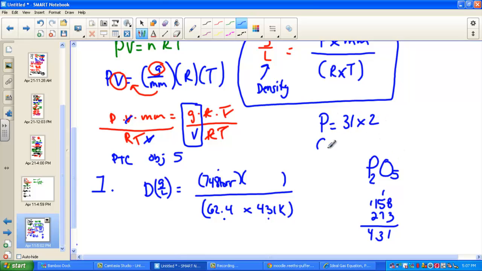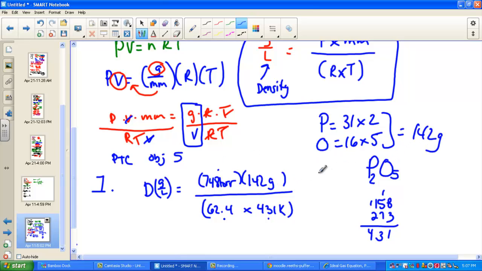Phosphorus weighs 31, but there are 2 of them. Oxygen weighs 16, but there are 5 of them. Let's sum the formula weight of P2O5: 31 times 2 added to 16 times 5. The molar mass is 142 grams.